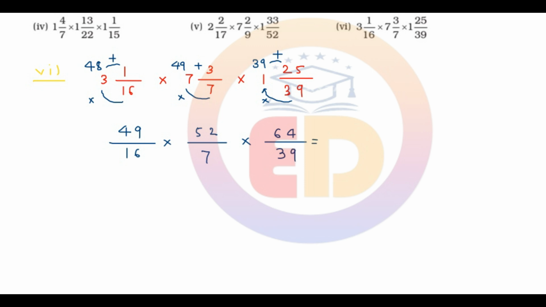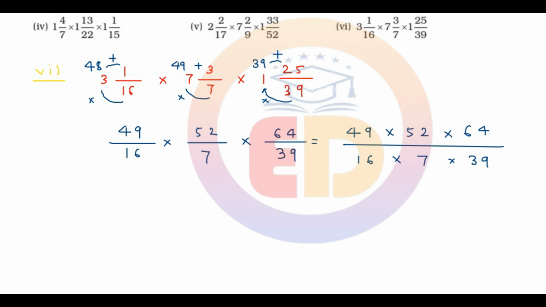Let us multiply the numerators, which is 49 multiplied by 52 multiplied by 64 upon 16 multiplied by 7 multiplied by 39.